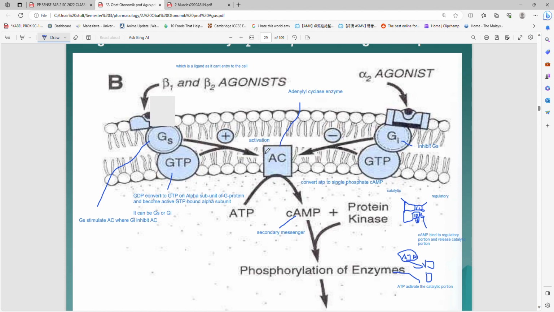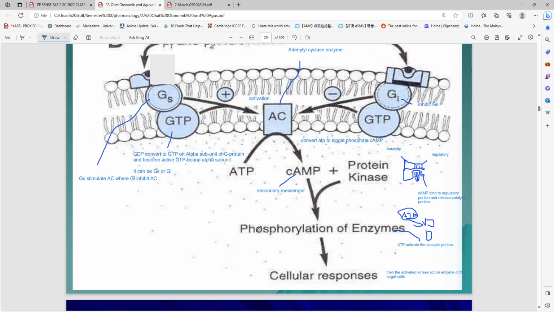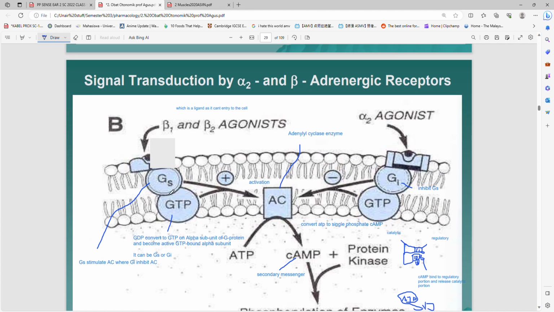The activated AC converts ATP to cAMP, which is a secondary messenger. It will also activate the protein kinase, which will lead to the phosphorylation of enzymes and initiate chemical responses. So this is the effect of the stimulatory G protein-coupled receptors.